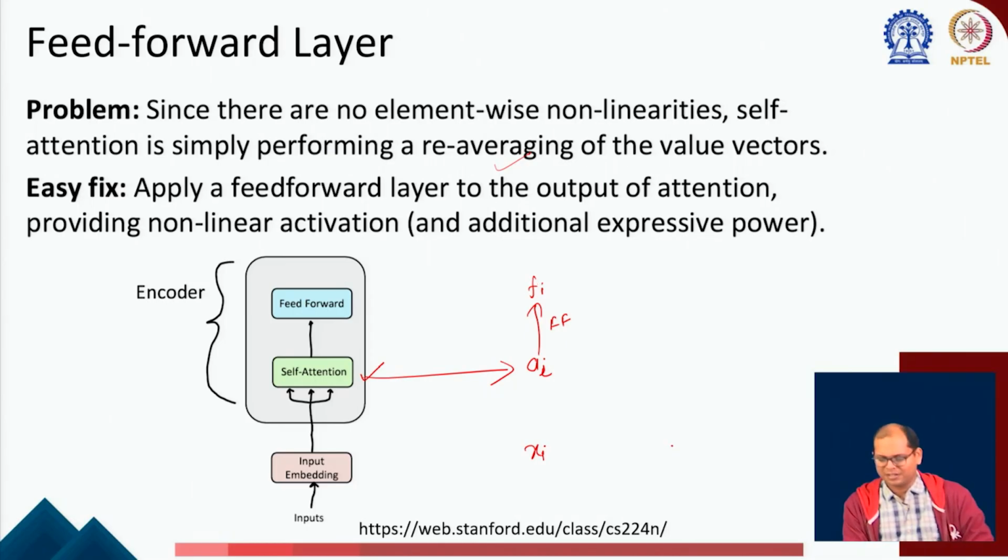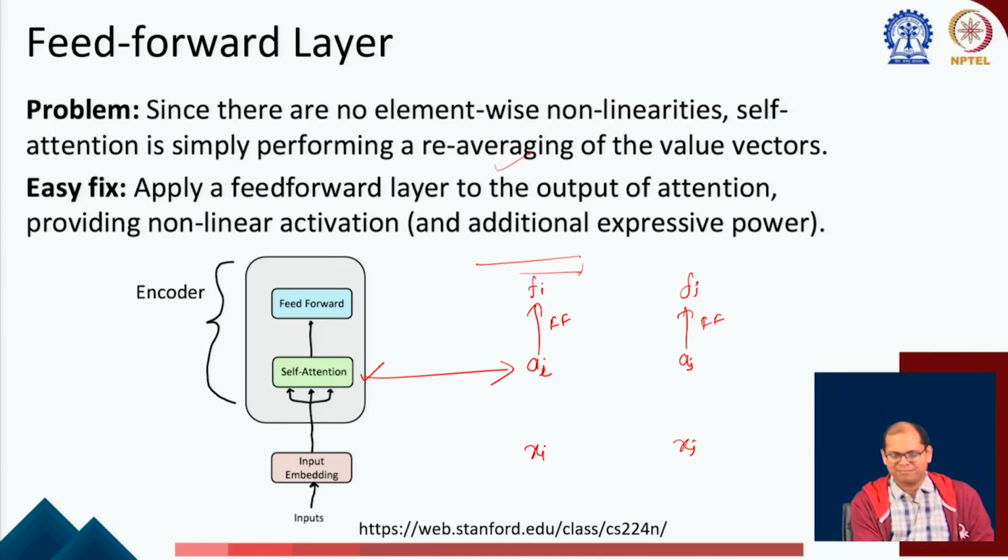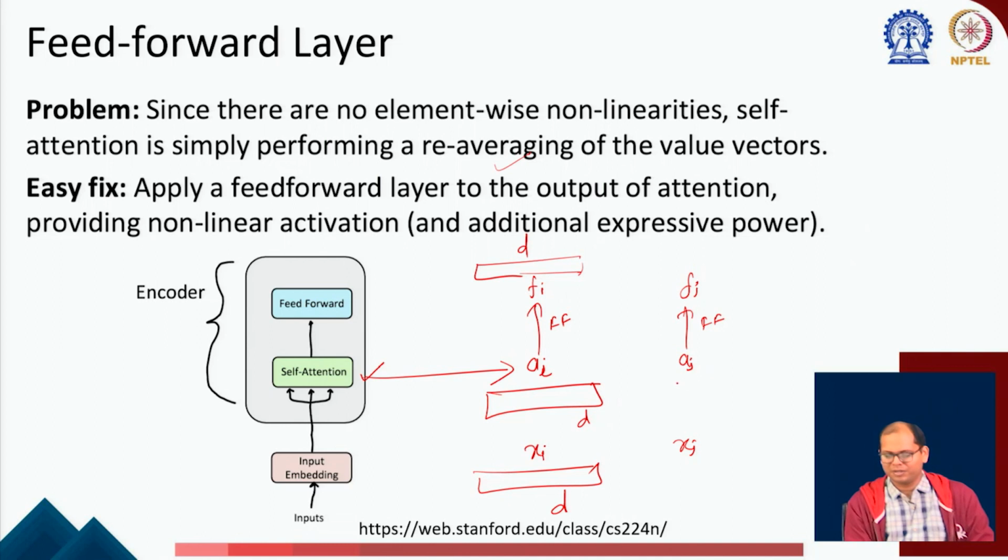From xj you will get the self-attention output aj for the word xj, and you apply the same feed-forward network. You get fj. So you get another output, and you maintain the dimensionality. This will also be the same model dimension as the input and the self-attention output. All words will be d-dimensional, the model dimension.